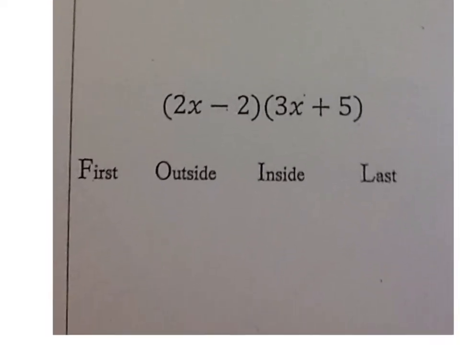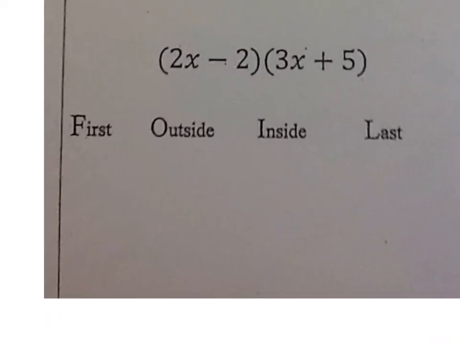So here we are using the first, outside, inside, last. Here's our firsts. Now I'm writing it as the multiplication. I'm writing the actual multiplication problem down, but a lot of you can keep it in your head. So you can go ahead and go 2x times 3x is 6x squared. You're more than welcome to do that.